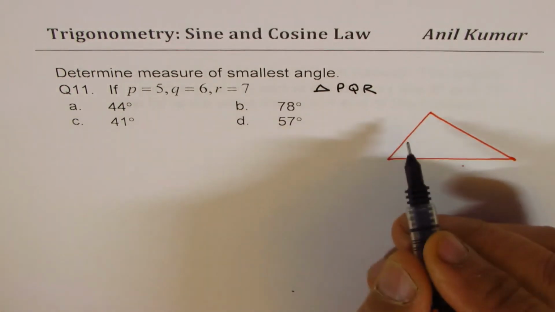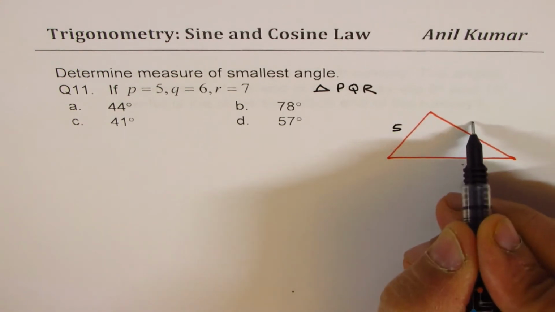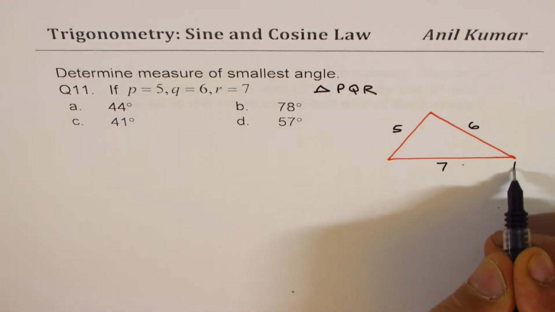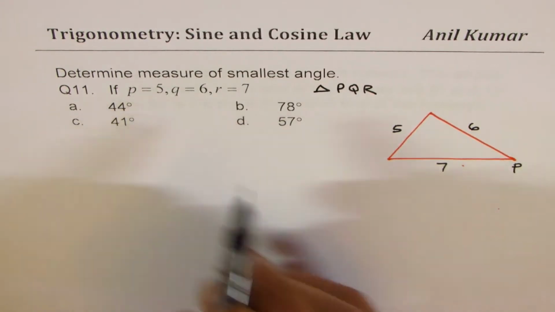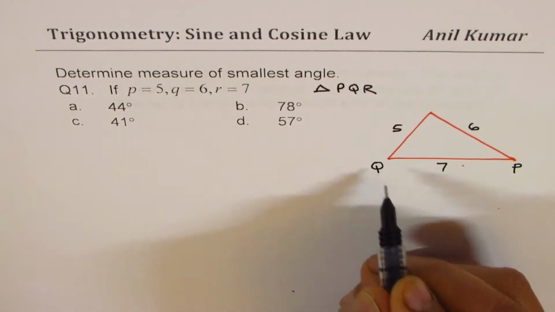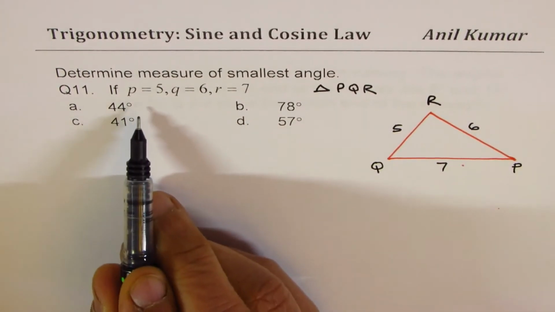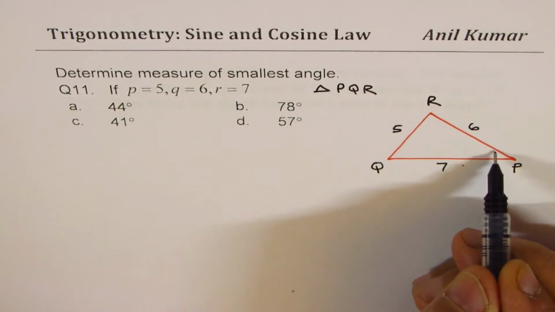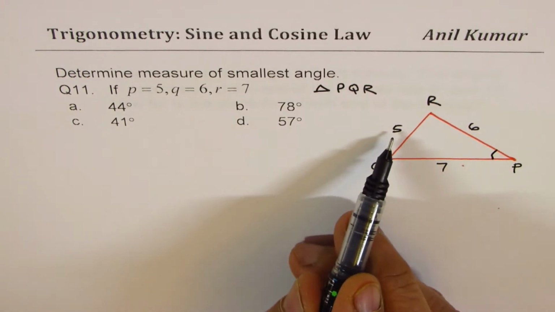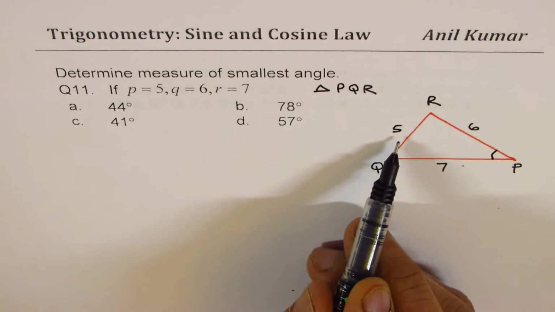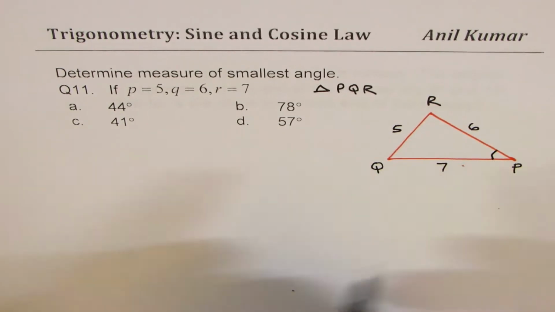We are given 5, 6, 7 as the sides, where P is opposite to 5, Q is this, and that is R. Now the smallest angle will be P in this case, since the side opposite to P is smallest. So let's find the angle P.